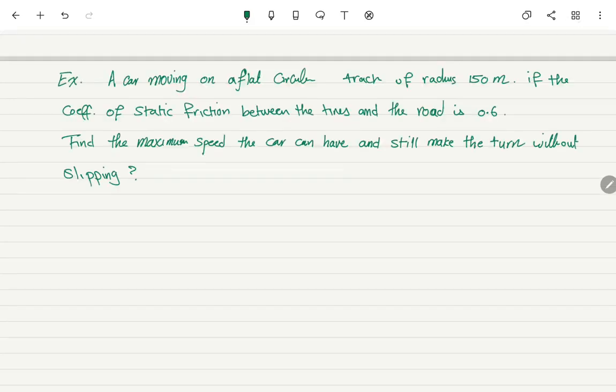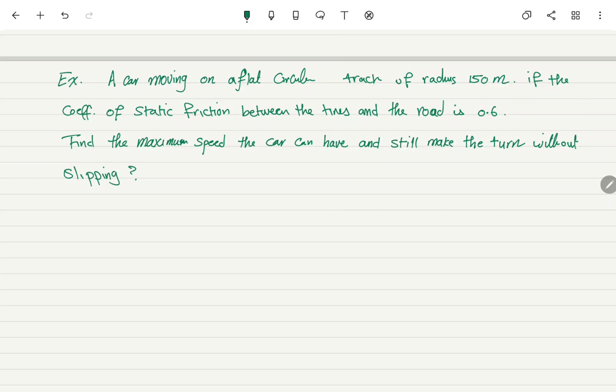Another example we have here, a car moving on a flat circular track of radius 150 meters. If the coefficient of static friction between the tires and the road is equal to 0.6, find the maximum speed the car can have and still make the turn without slipping.